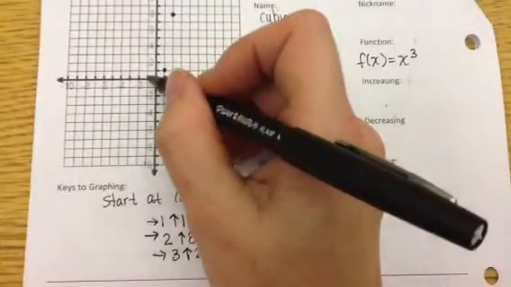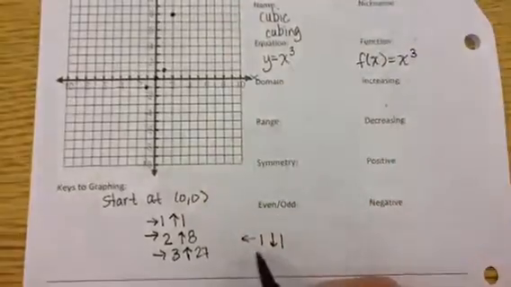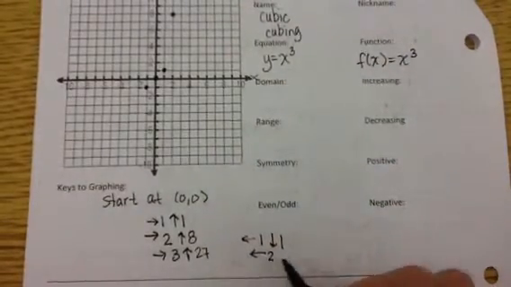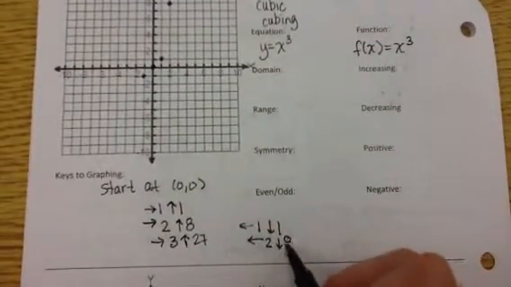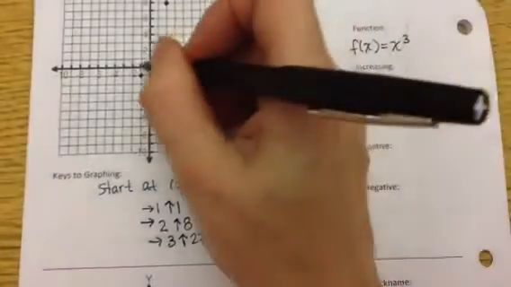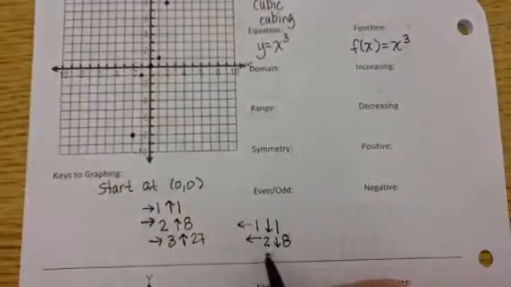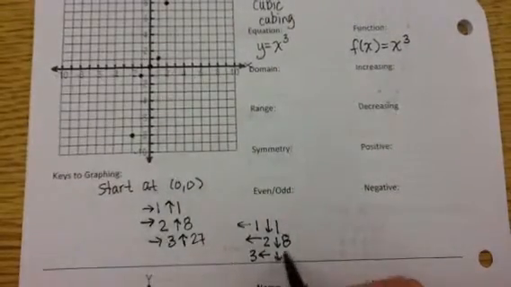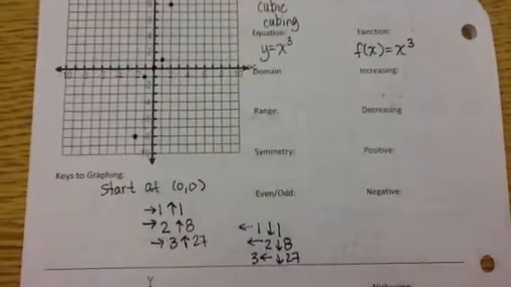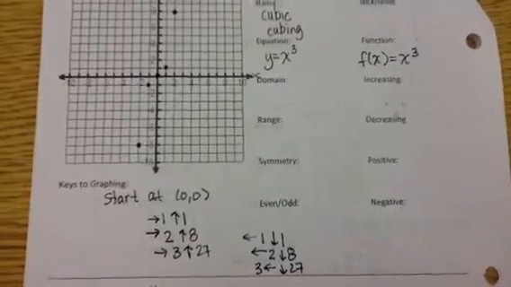So this goes left 1, down 1. Likewise, if I move left 2, I will be moving down 8 instead of up. So left 2, down 8. And then my third point would be left 3 and down 27. Again, that's off the chart, so we're not going to plot it.